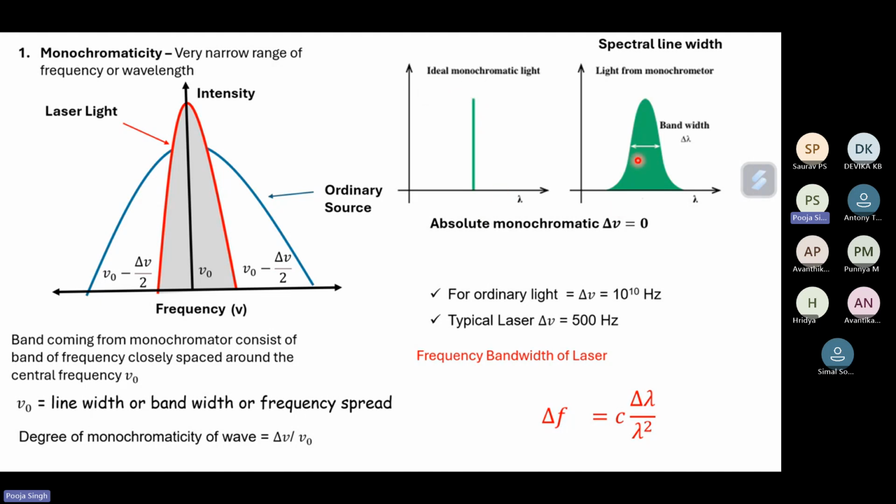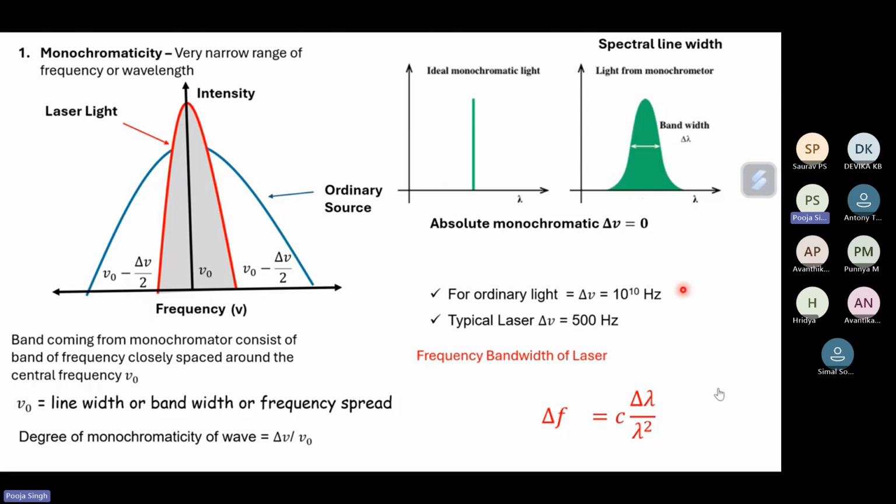But when the light is not an ideal monochromator, what will it have? It will have a range of wavelengths. You can see that it now has different wavelengths and different intensities at particular points.